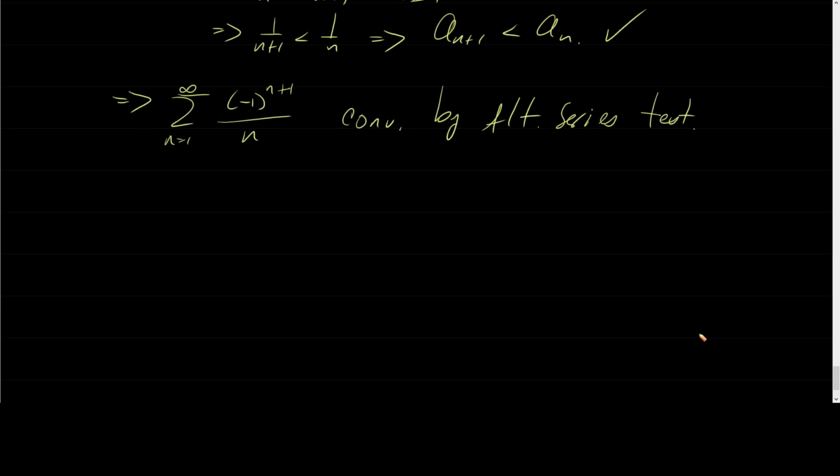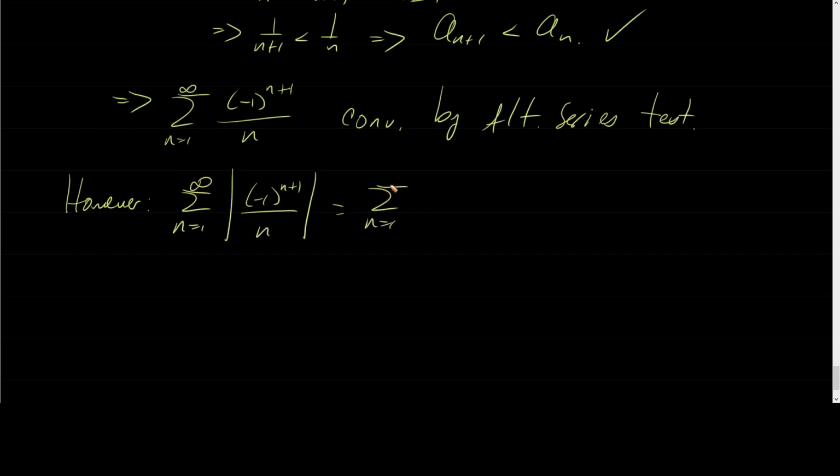But now, let's look at the absolute value version of this. The absolute value version would be the series from 1 to infinity of 1 over n. This right here is a p-series with p equals 1. Or you can think of this as the harmonic series.